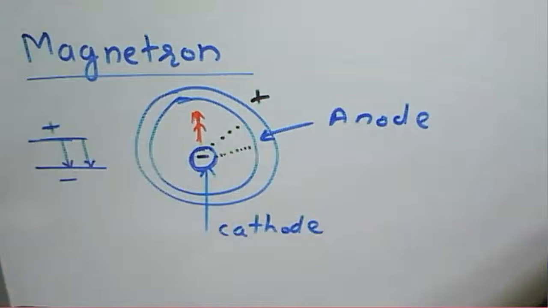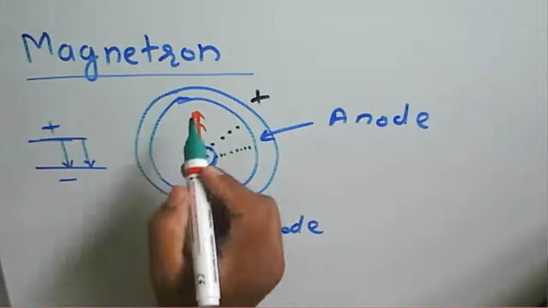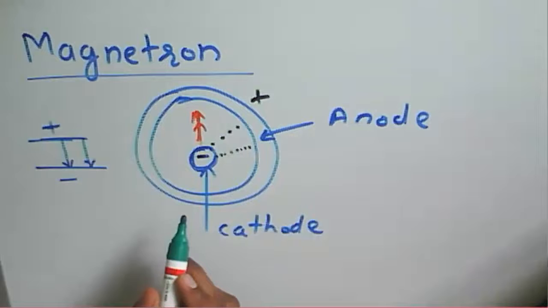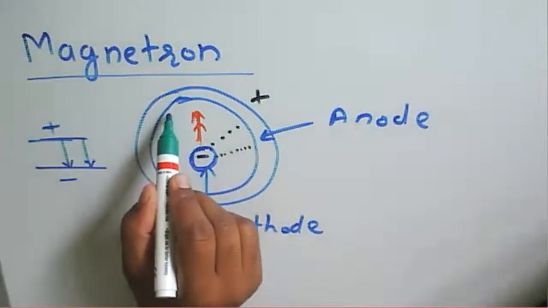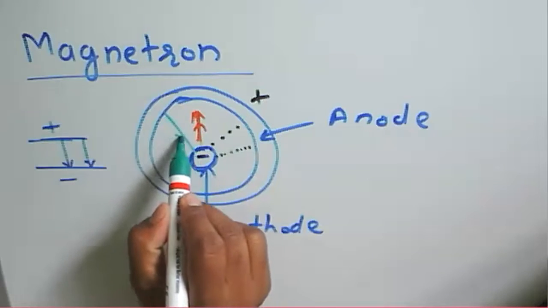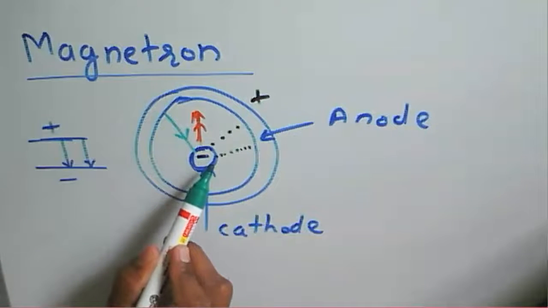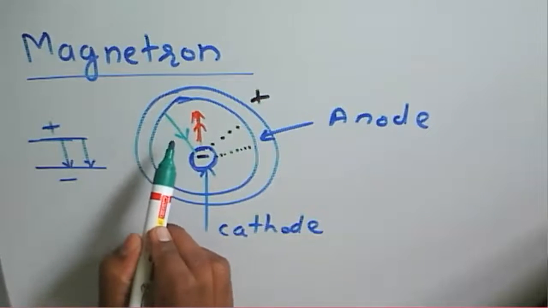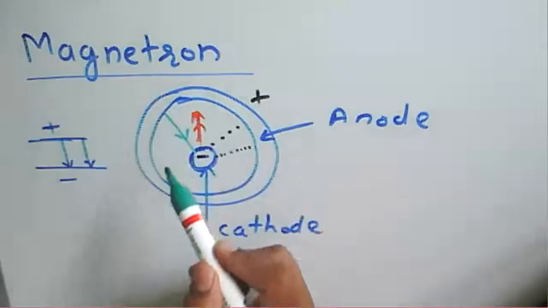Similarly here, we have the anode, which is positive, and the cathode, which is negative. So the field emanates from the anode to the cathode. This is the electric field, and the direction of the electron is from the cathode to the anode.